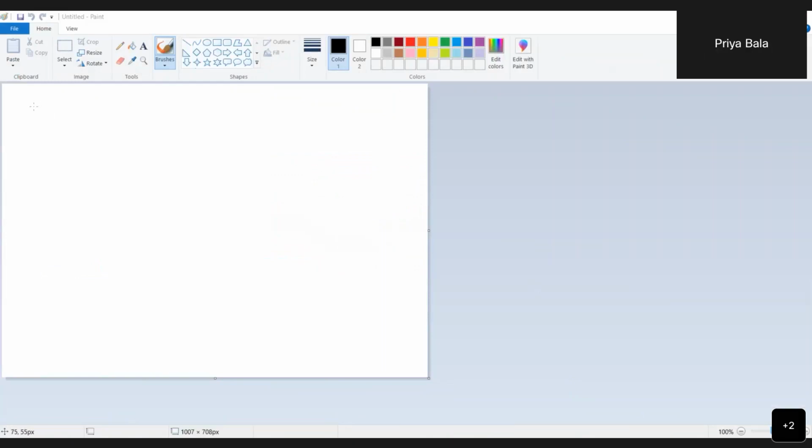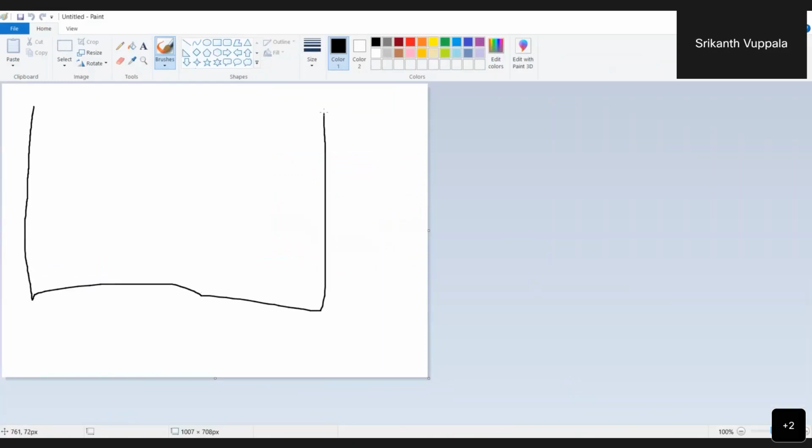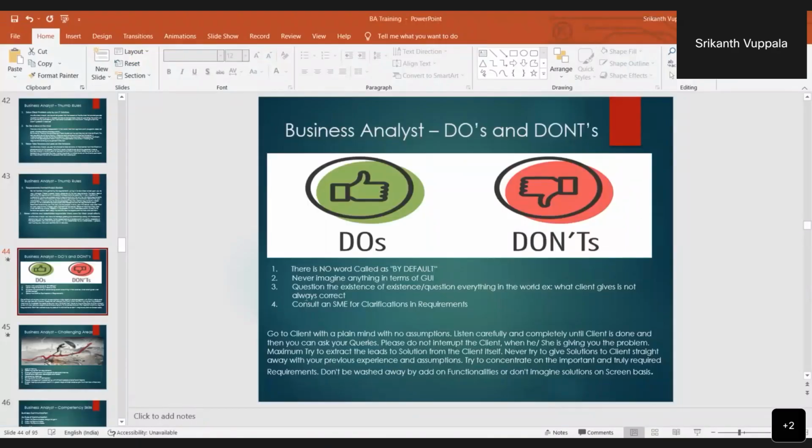Yes. So for example, let us think this is the screen, and here is the login username, and this is the password. So, never imagine anything in terms of UI, GUI.